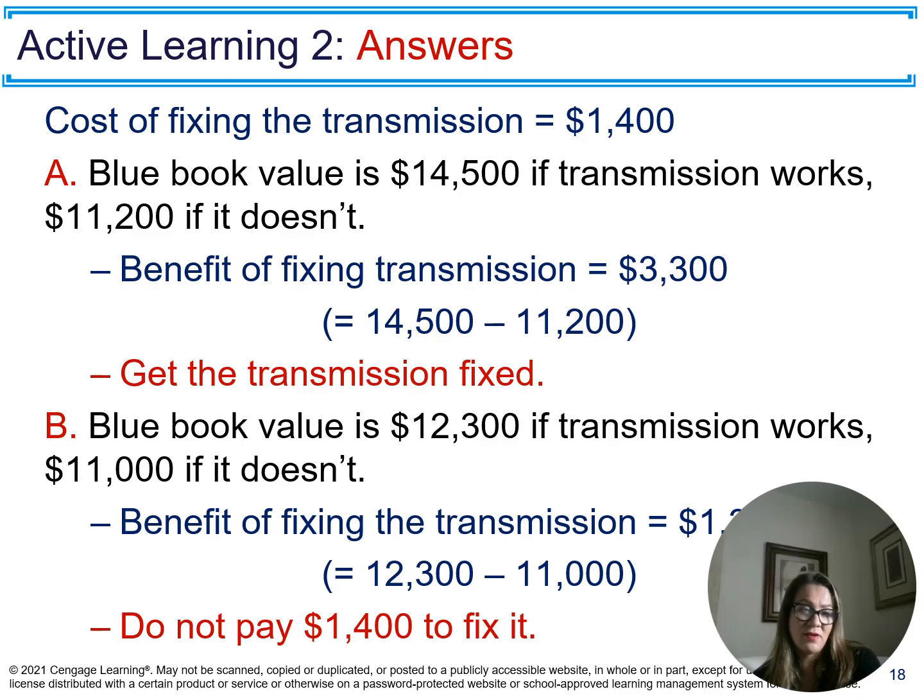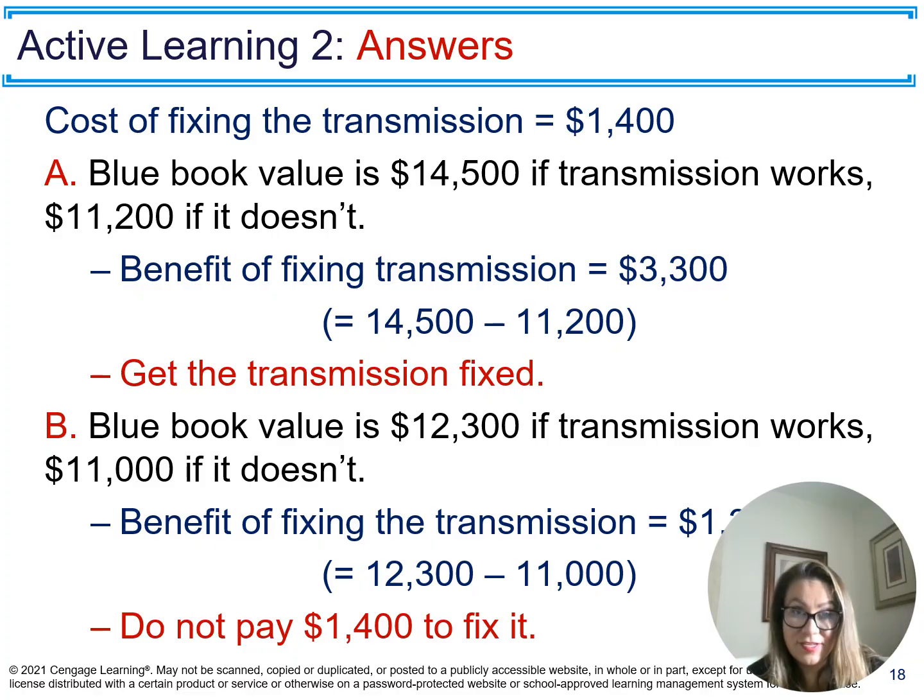But in the second scenario, the Blue Book value is $12,300 if the transmission works, and $11,000 if it doesn't work. So the benefit of fixing the transmission would be 12,300 minus 11,000, which is $1,300.